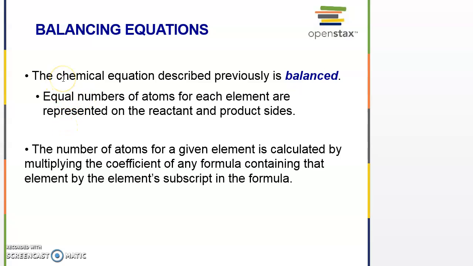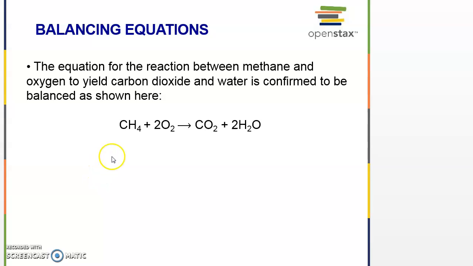The chemical equation described previously is balanced. So how do we know it's balanced? There are equal numbers of atoms of each element represented on the reactant and product sides. Let's look at the previous example.